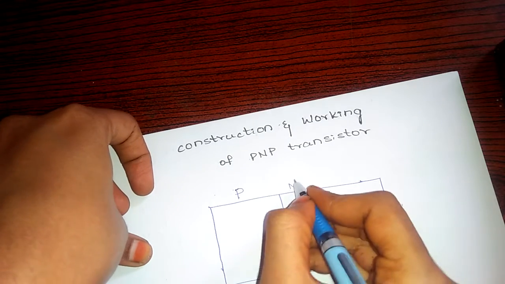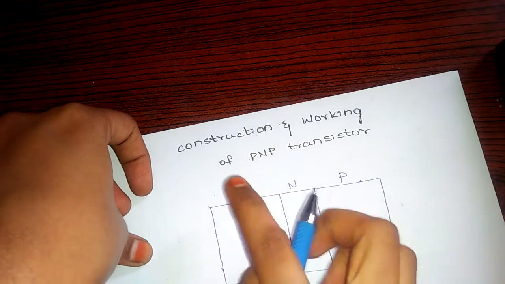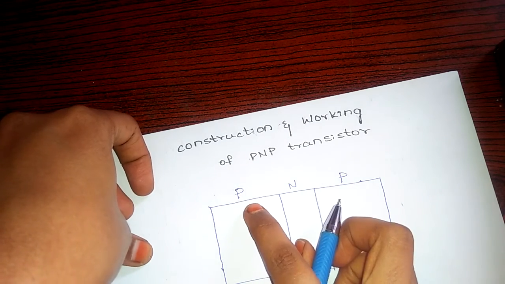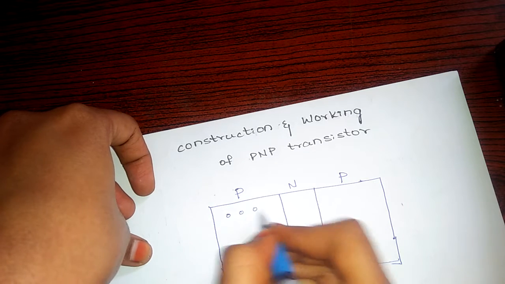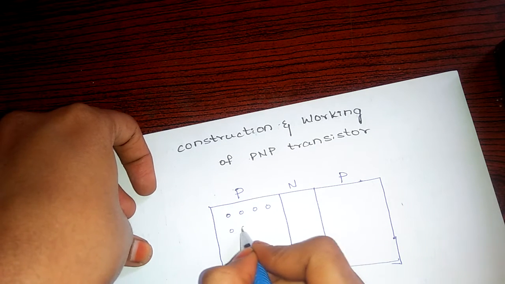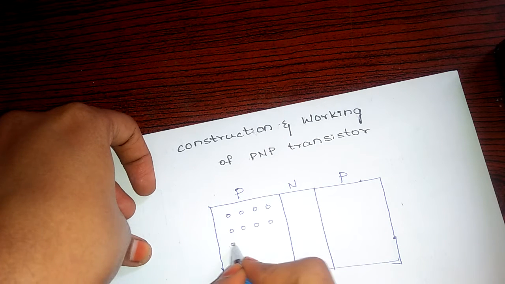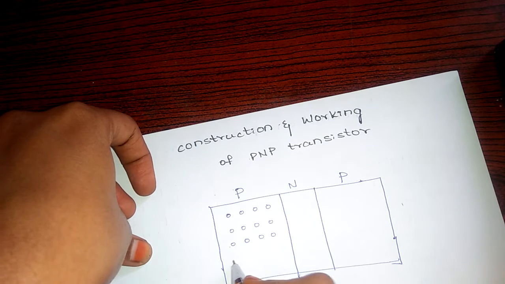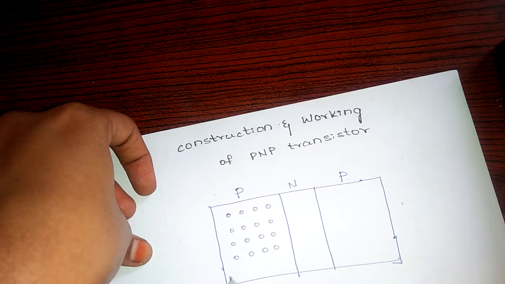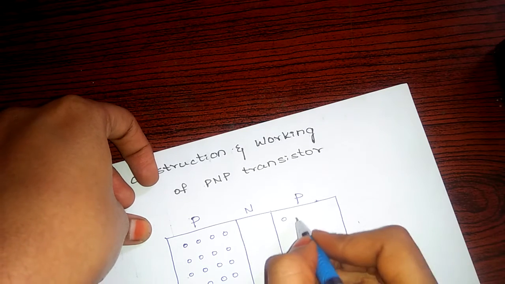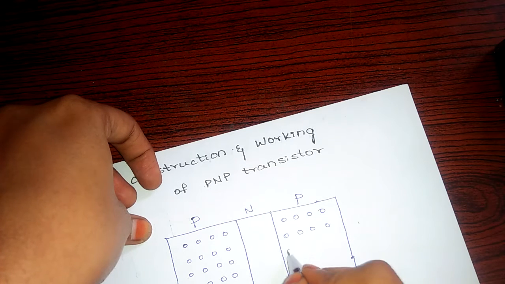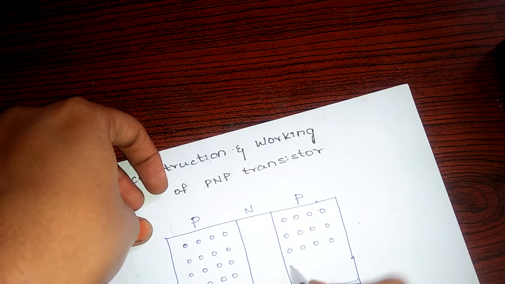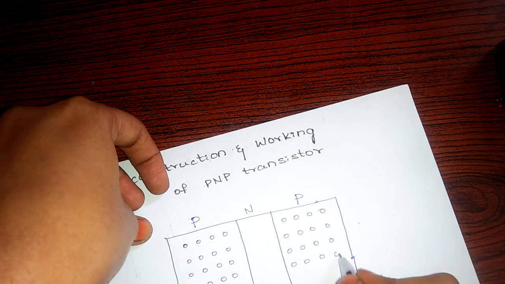P, N and P transistors. What majority charge carriers does a PNP transistor have? Holes are the majority charge carriers in the P region, the P-type semiconductor material. And what are the majority charge carriers that an N-type semiconductor has?